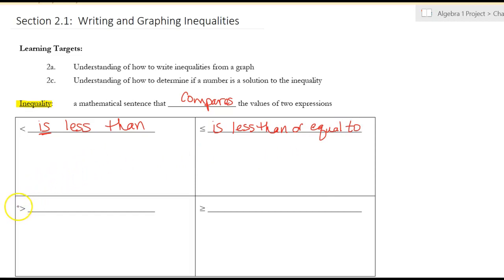And then down here, this one is greater than, same idea. The "is" turns it into the sign. Greater than usually means that you're adding, but when you throw an "is" in, that turns it into an inequality. Is greater than. And same thing here, is greater than or equal to.